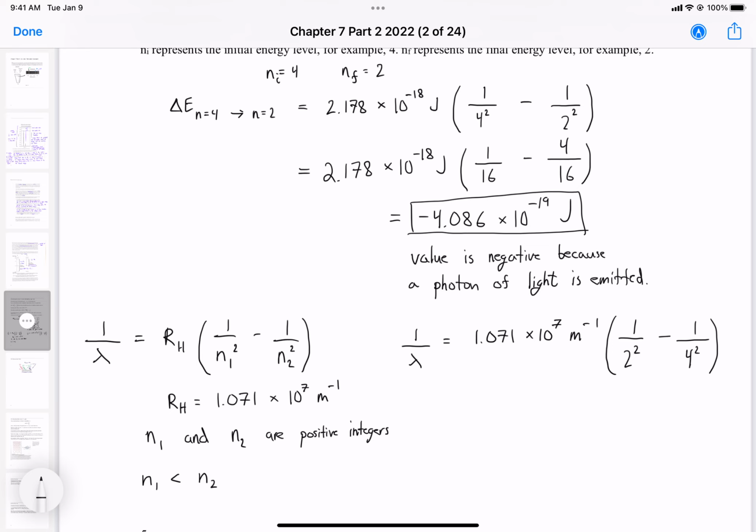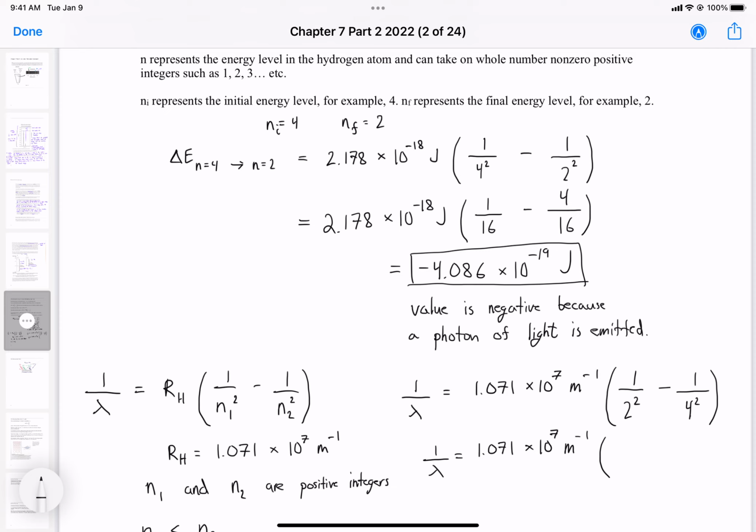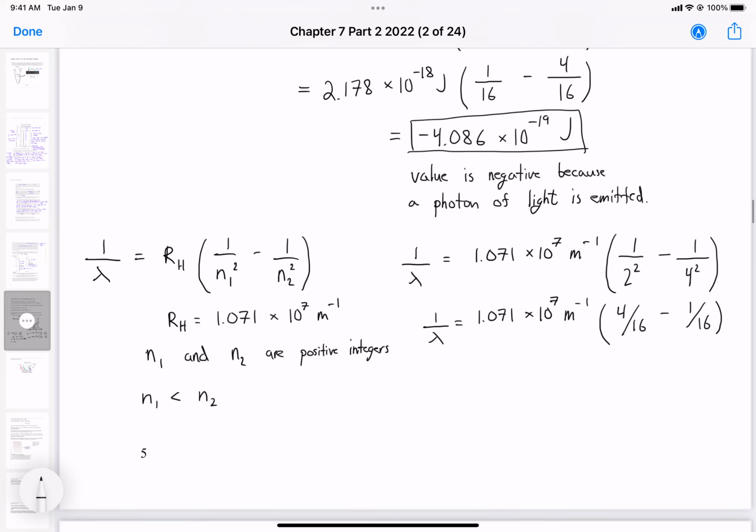So in this case, like we saw before, 1 over lambda equals 1.071 times 10 to the 7th inverse meters. Let's flip what we had before in the previous calculation. We'll have 4 over 16 minus 1 over 16. And if we solve for lambda, what we're solving for is 1 over lambda.